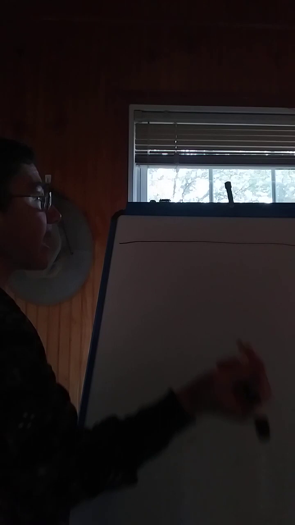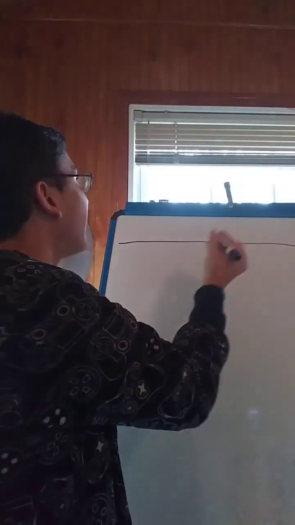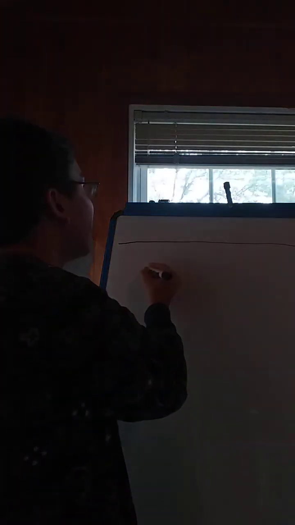You don't know where it starts or where it begins. It's just infinite. It just goes on and on and on this way, on and on and on that way. You don't know when it's going to stop.